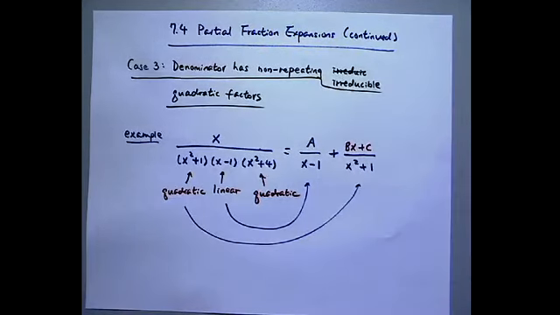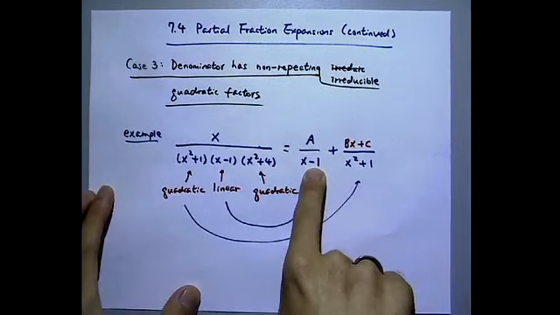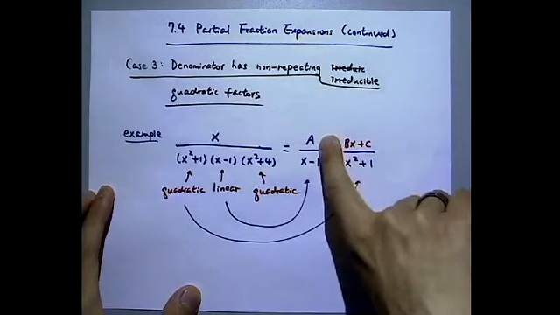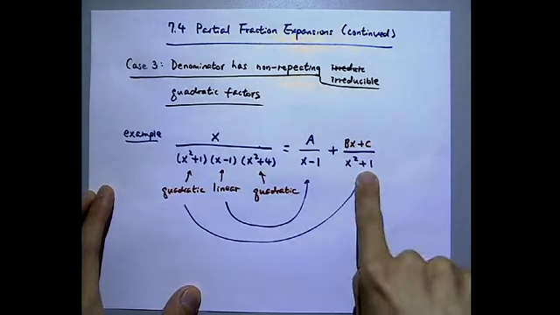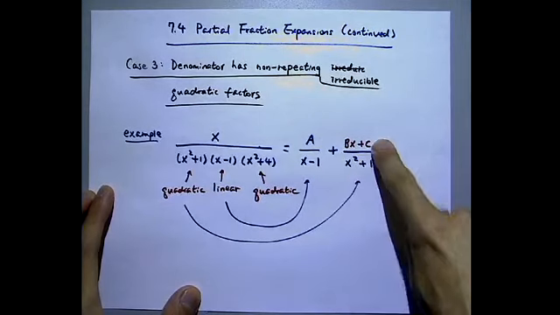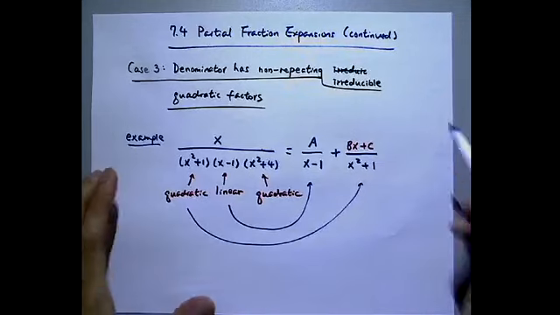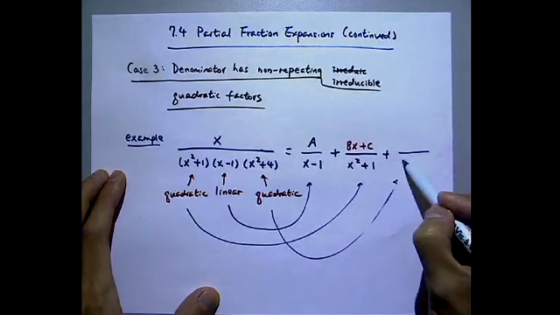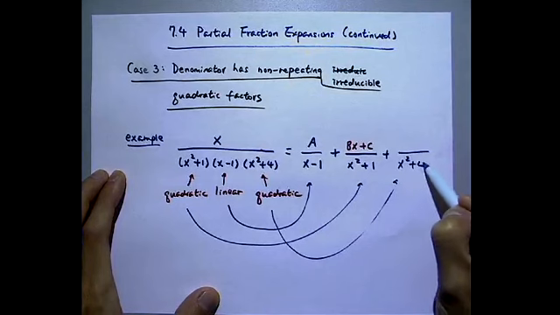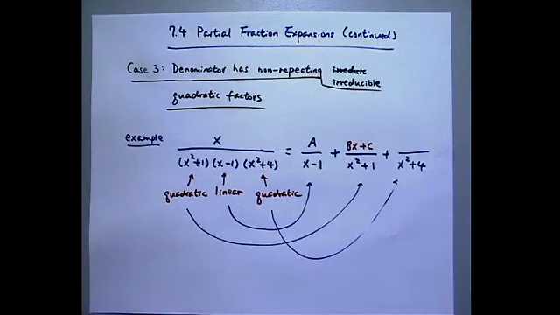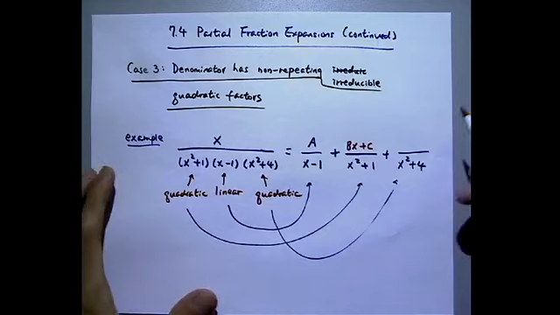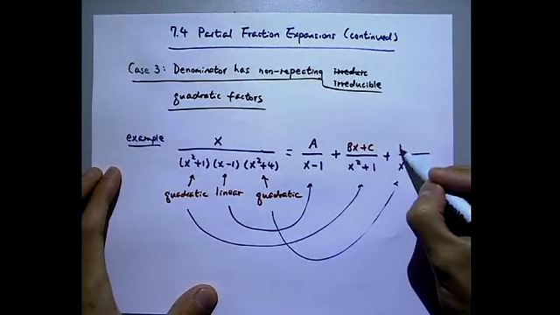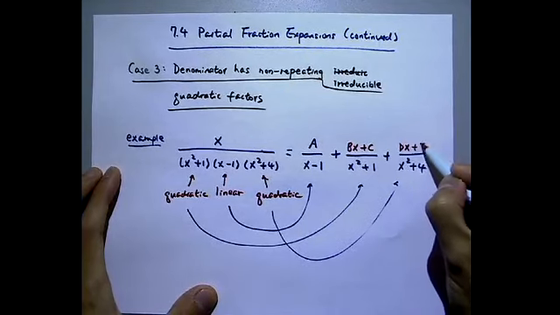The stuff we put on the top is always 1 degree lower. For a linear factor, 1st degree, we put a 0 degree, a constant. For a 2nd degree, a quadratic, we put a 1st degree polynomial. And then we have the 2nd quadratic here, x squared plus 4. And this is going to give me another 1st degree thing on the top, so Dx plus E.